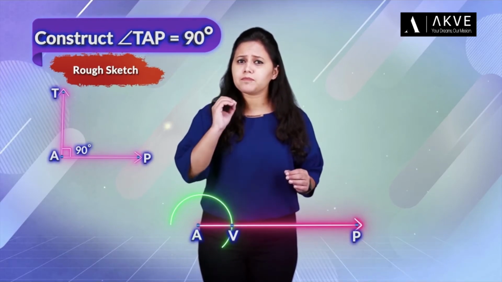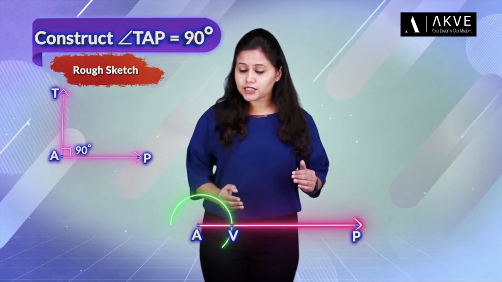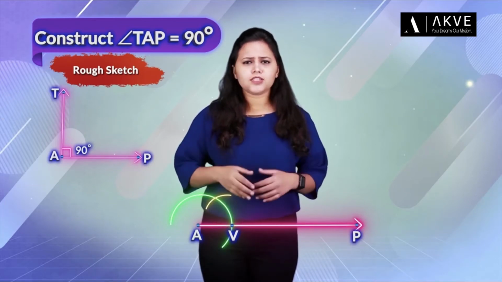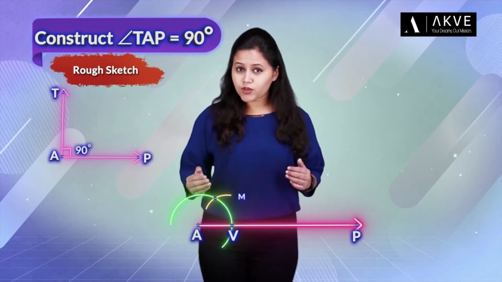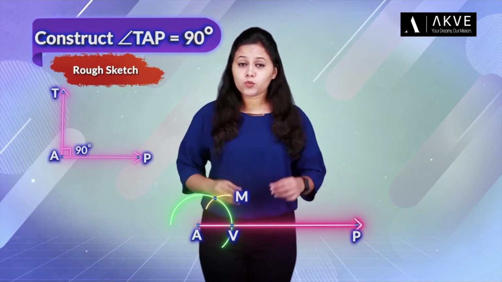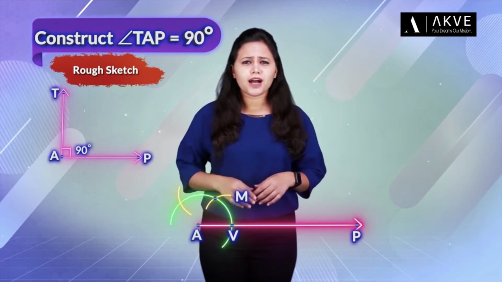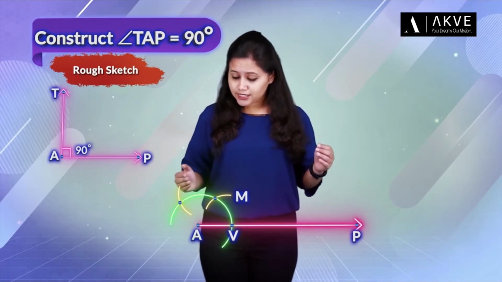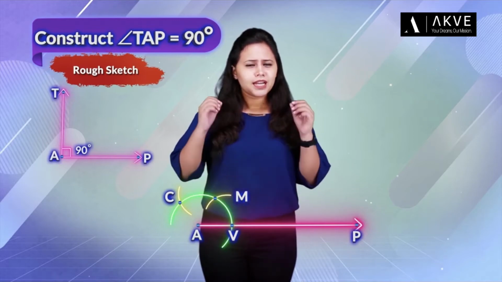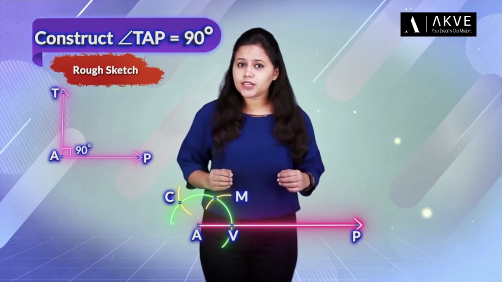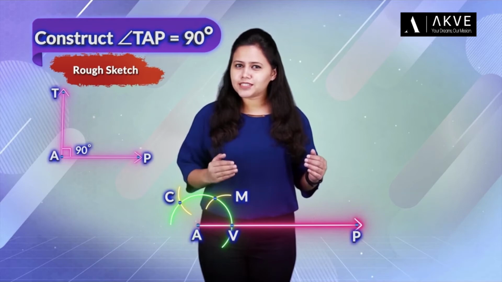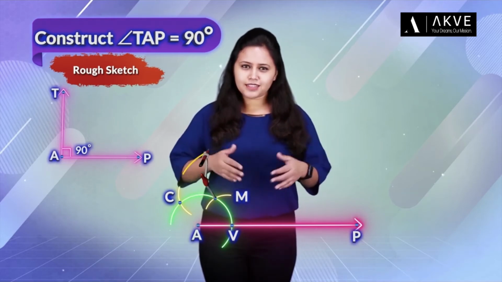Now, with the same radius and taking V as center, draw another arc such that it intersects the previous arc at M. Again, with the same radius and taking M as center, draw an arc such that it intersects this arc at C. Now, with the same radius and again taking M as center, draw an arc like this.